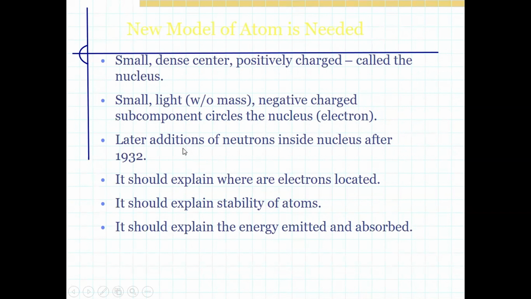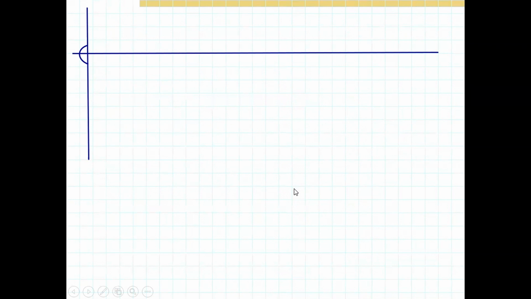And later on, we had addition of neutrons, that the nucleus has neutrons inside, and we should be able to explain, using the new model, where the electrons are located, why the atoms are stable, and we should be able to explain the energy emitted and absorbed, and the spectrum, and the complete spectrum story. Then the model will be a believable model. Thank you so much.